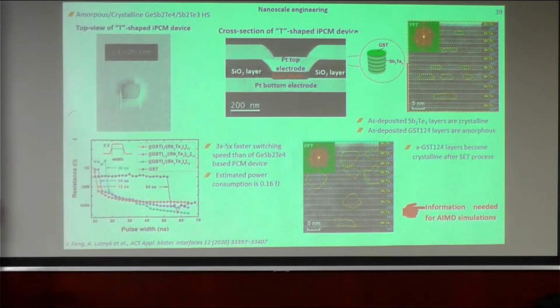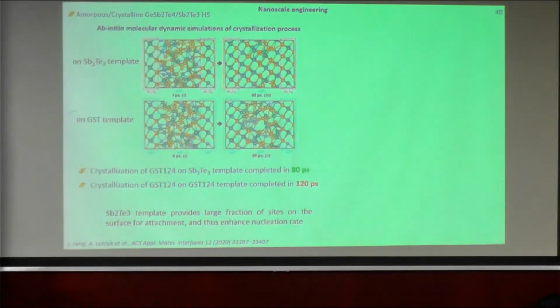You know the state of your layers: the antimony telluride is nanocrystalline, and the GST is amorphous. This gives you the idea to make a stack consisting of crystalline antimony telluride and amorphous GST in between.